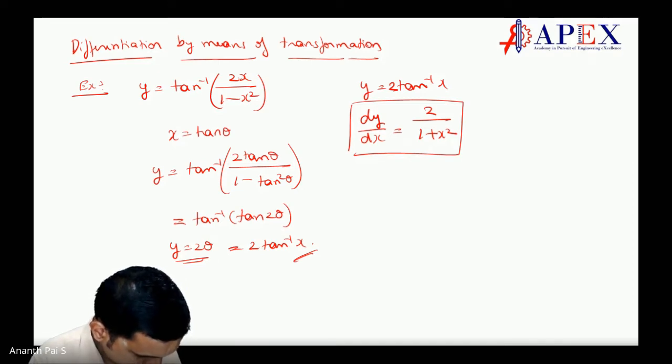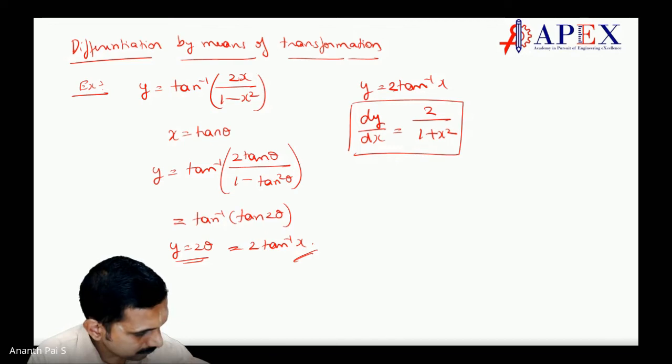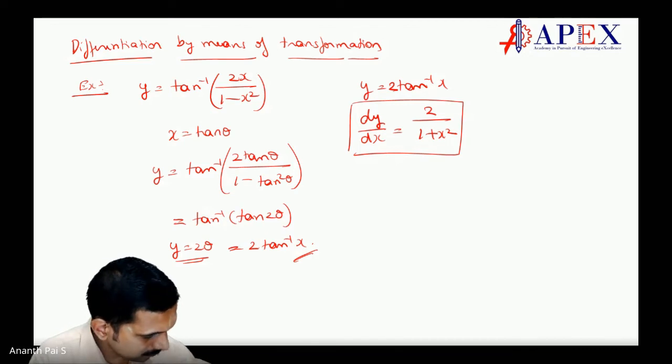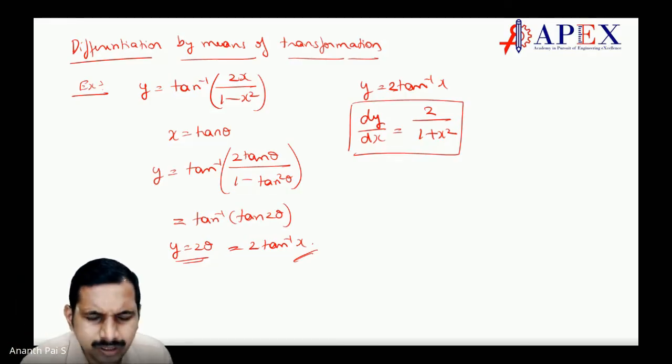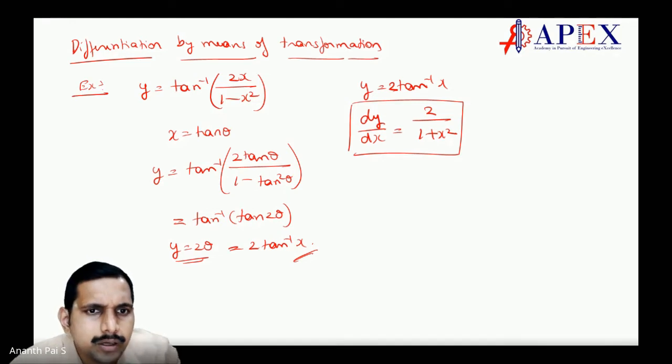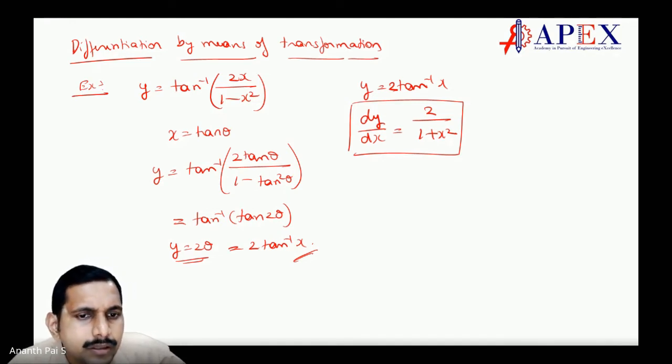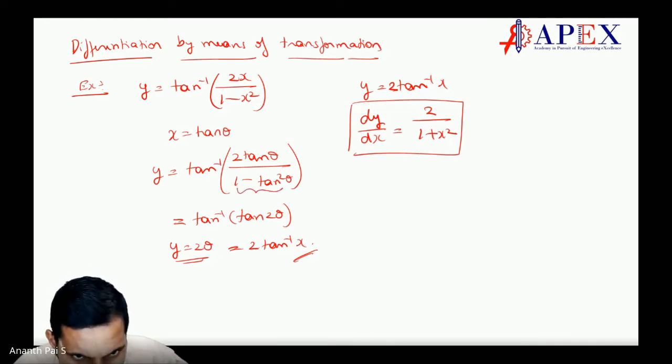Excuse me, sir. Yes, please. Sir, in this question, 1 minus tan square theta, we can substitute as secant square theta. How do you do that? You're saying we are substituting secant square theta.